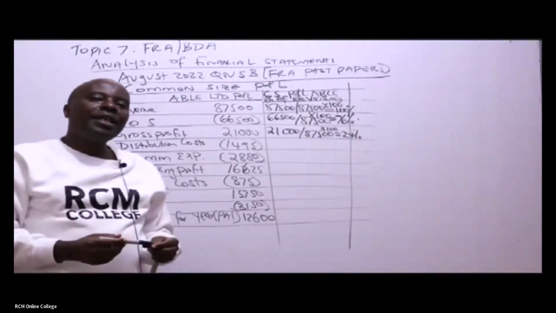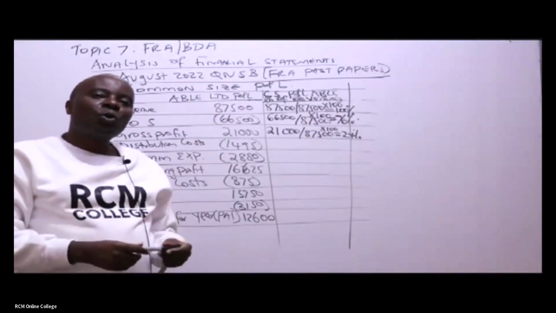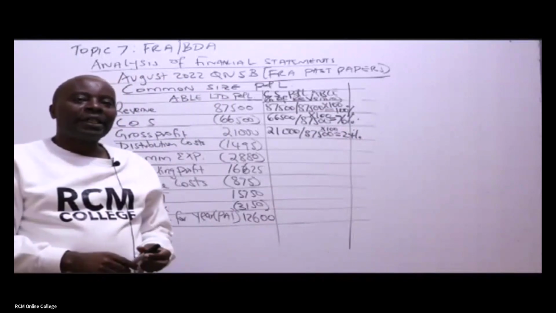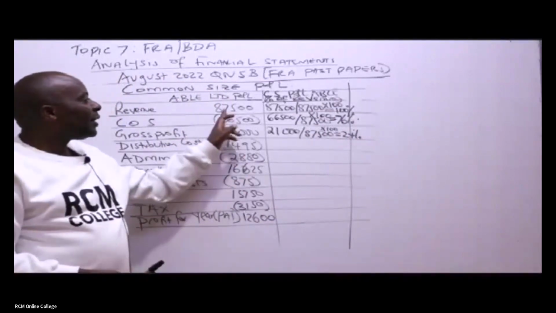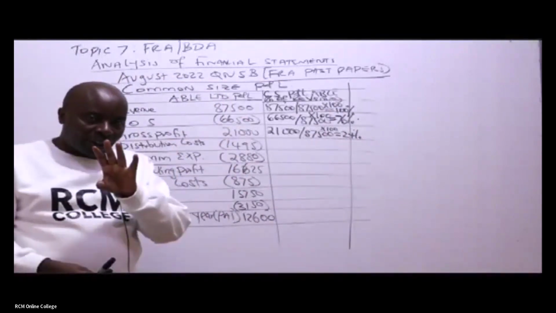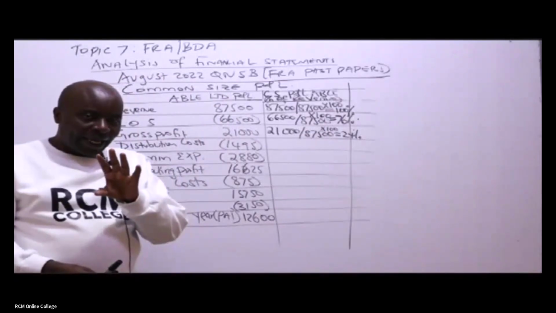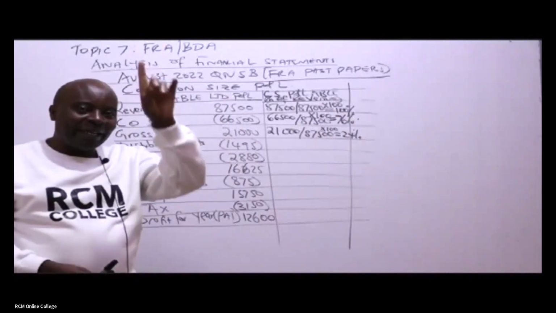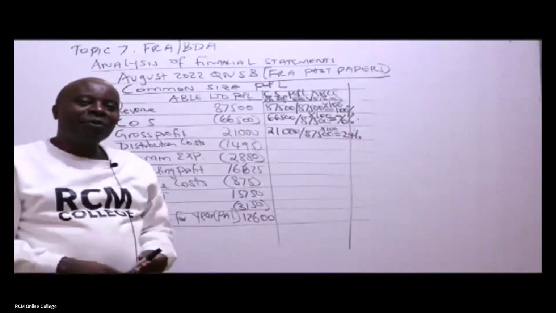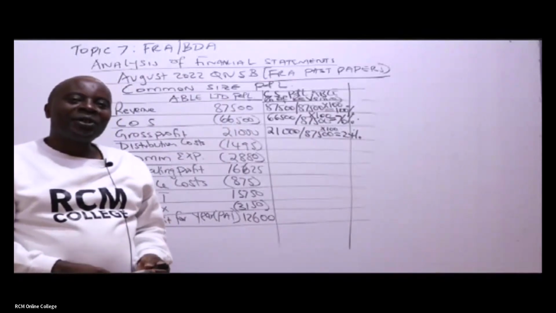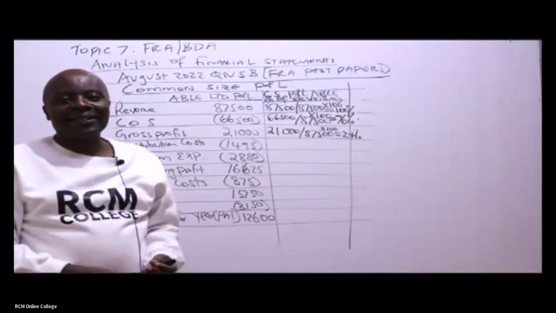For the BDA students, I'm sure by now you must have picked that this 87,500 is a constant feature. And if it's a constant feature, as I'm doing my divisions downwards, I need to lock it. Do we remember how to lock figures?